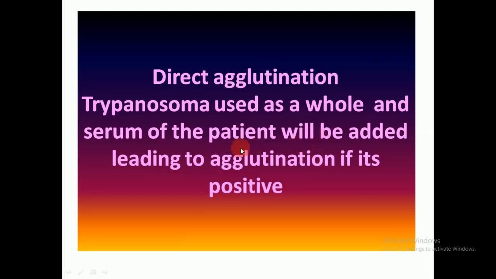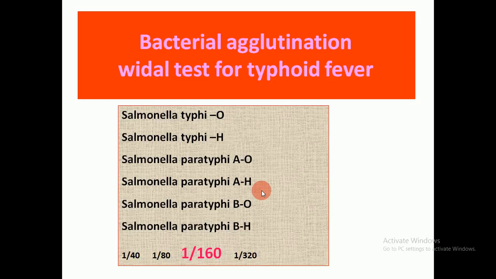We have direct agglutination like Trypanosoma, which is a parasite, a protozoa used as a whole, and the serum of the patient contains antibodies that lead to direct agglutination of the protozoa if it is positive and the patient is infected with Trypanosoma.